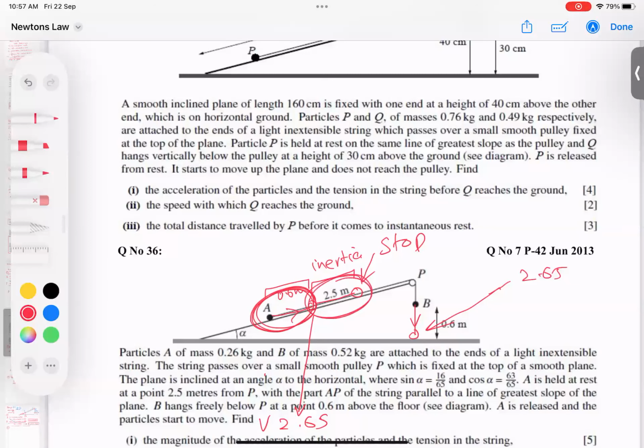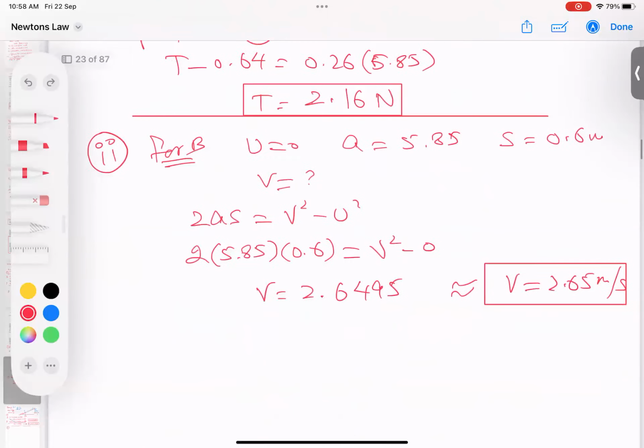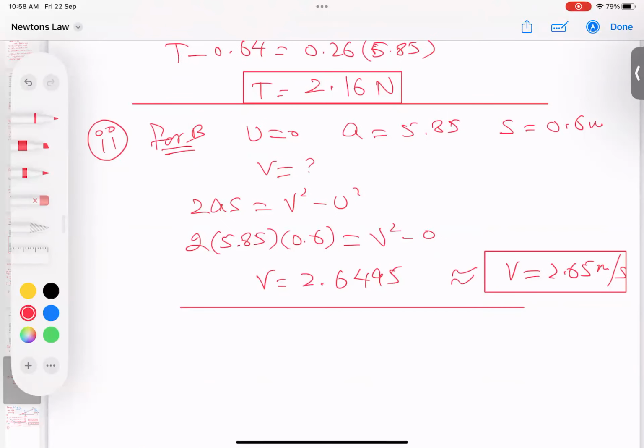The final velocity of the first motion is 2.65, and the starting velocity of the inertia motion is also 2.65, so they are equal. Now I'm giving the title: particle A, motion due to inertia.